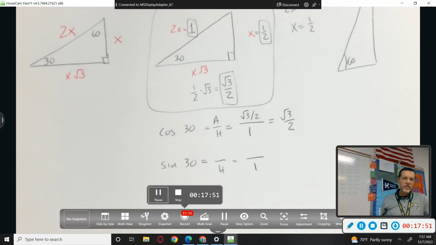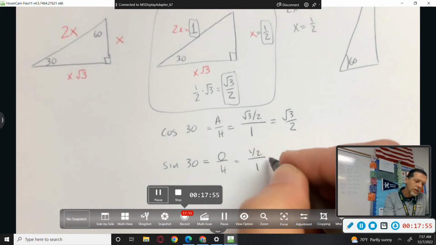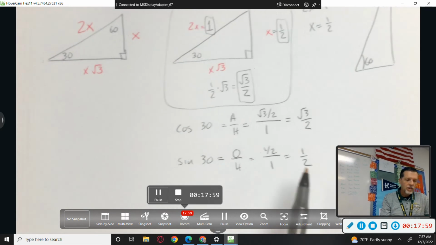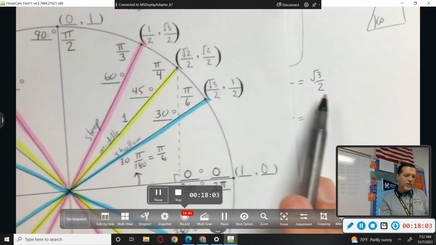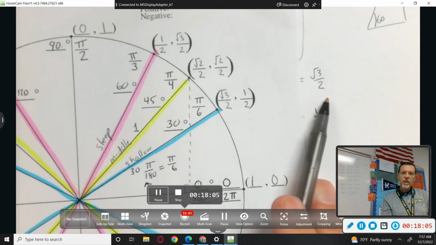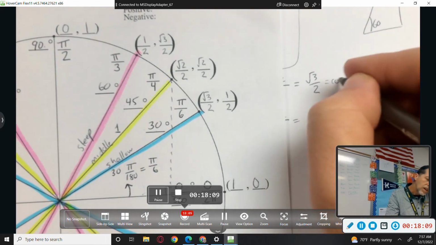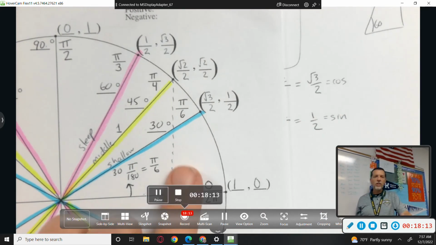How about the sine of 30? 1/2, because 1/2 over 1 is 1/2. So hold that thought, and then look at the unit circle, and look at the point at 30 degrees.